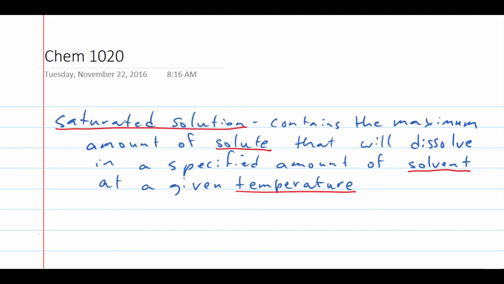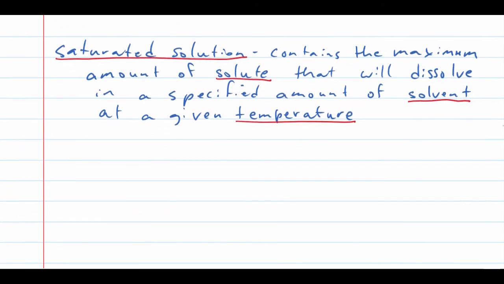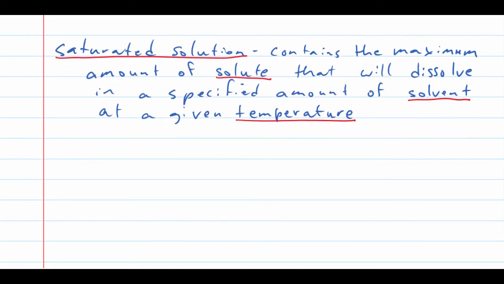So again, a saturated solution contains the maximum amount of solute that will dissolve in a specified amount of solvent at a given temperature. Then we have an unsaturated solution. And an unsaturated solution we define like this.